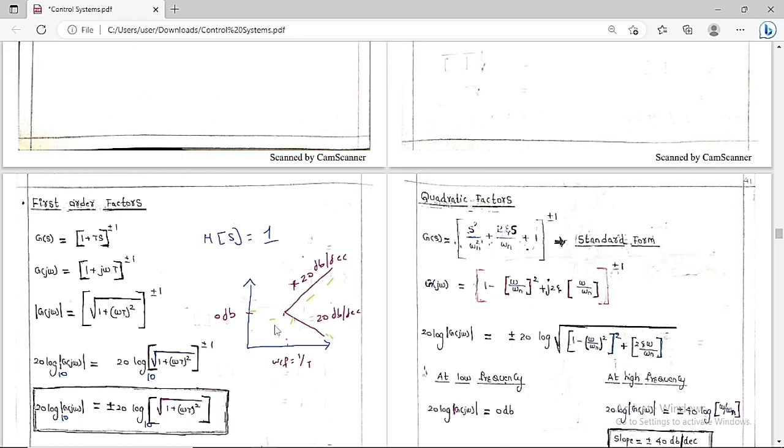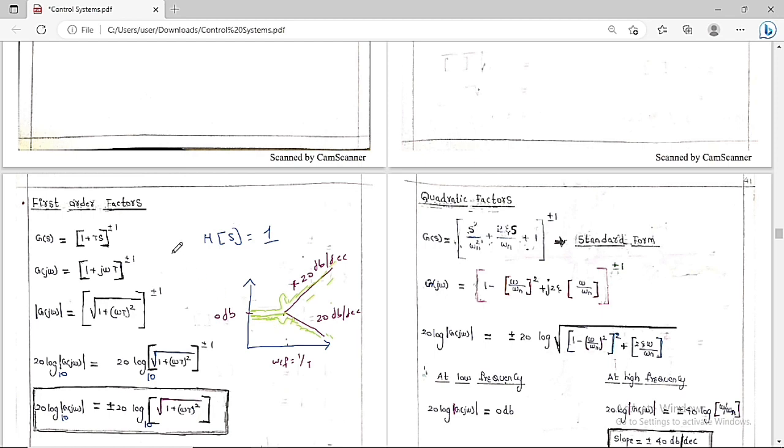For plus 1 it is plus 3 dB, which means the upper part, so it will be like this. For minus 1 it is minus 3 dB, which means like this. This is the picture you always have to keep in your mind.